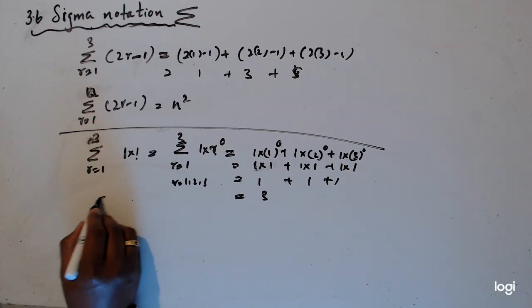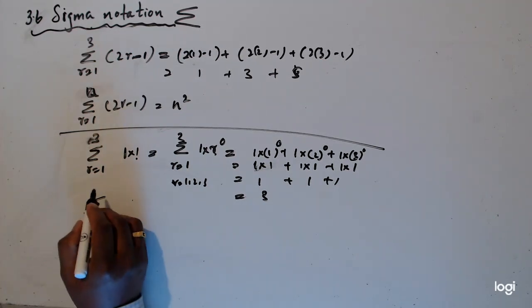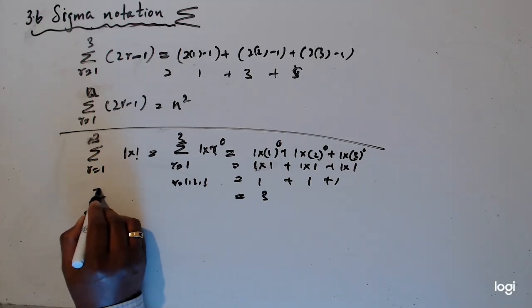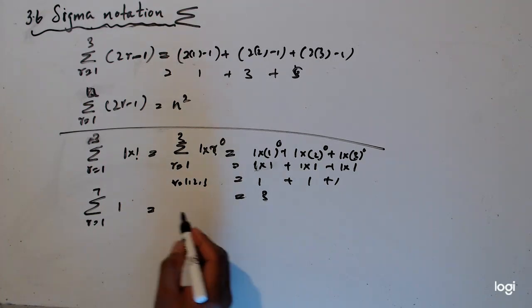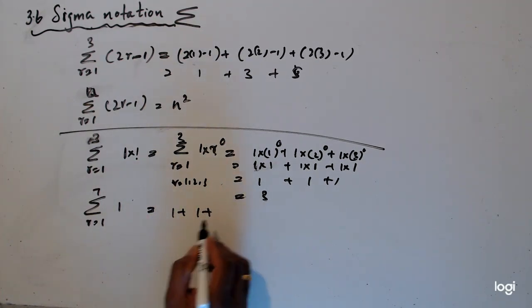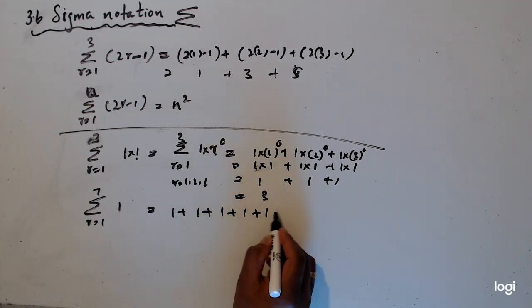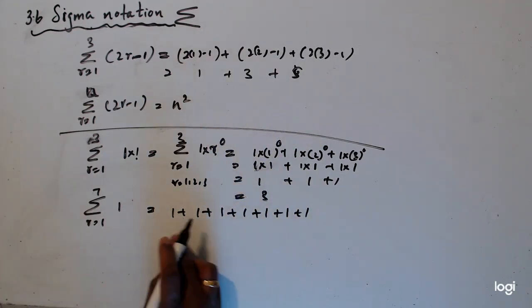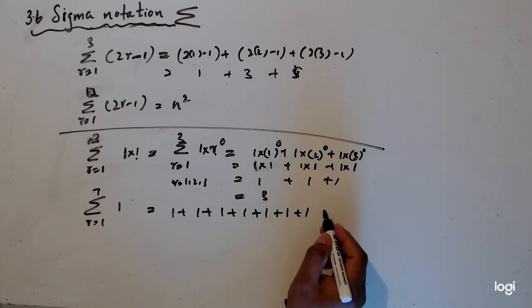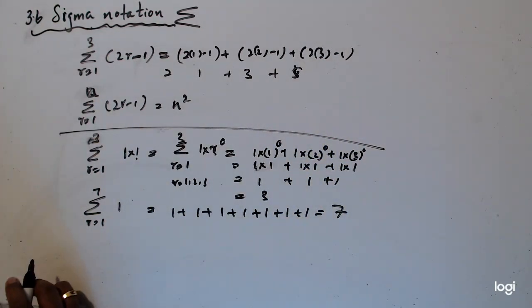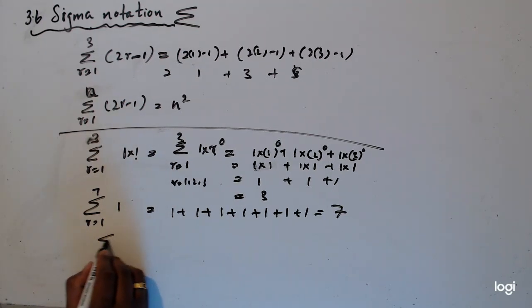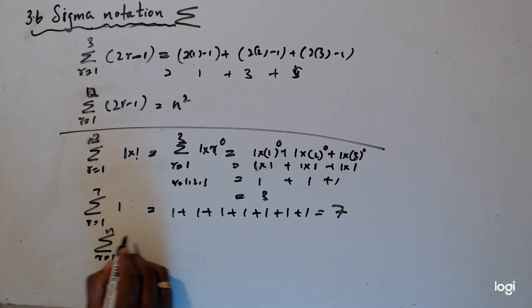My next question is the summation of r equal 1 to 7 of 1. What is the answer? It means 1 plus 1 plus how many times? 7: 1, 2, 3, 4, 5, 6, and 7. So the addition is 7. How about r equal 1 to n?